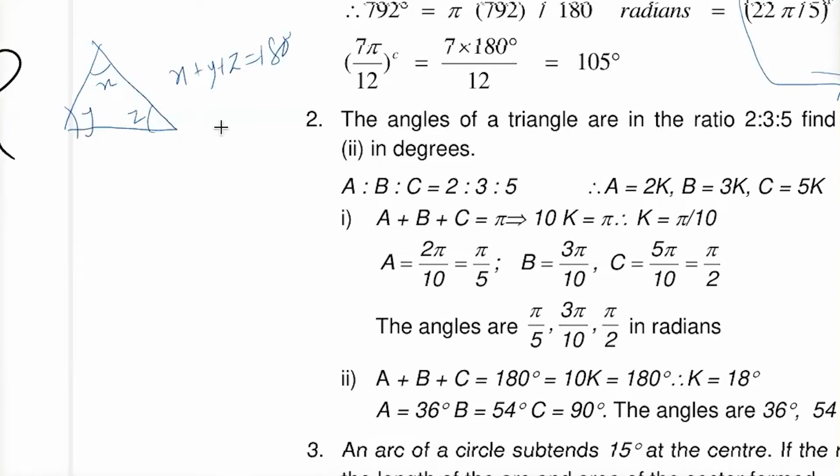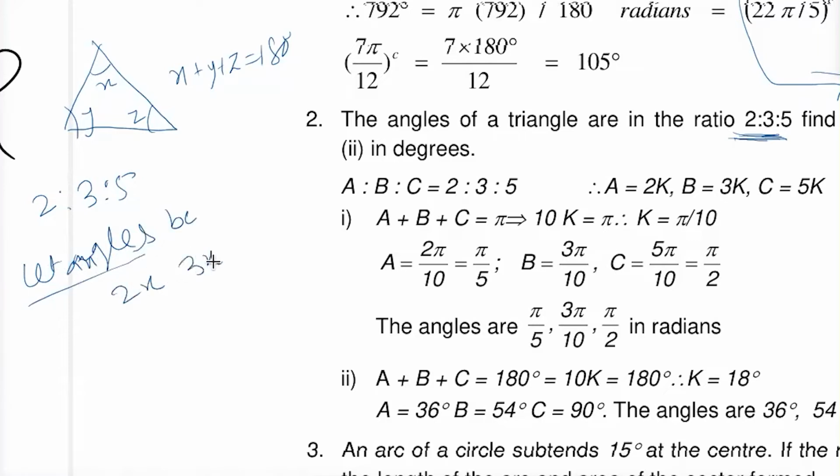But here the angles are not given; these are given in ratio. If any ratio problem is there, then we can assume some constant multiplied. If the ratio is 2, 3 and 5, then let the angles be 2x, 3x and 5x. Then this sum will be 180 degree.